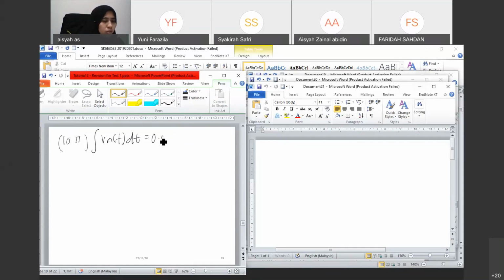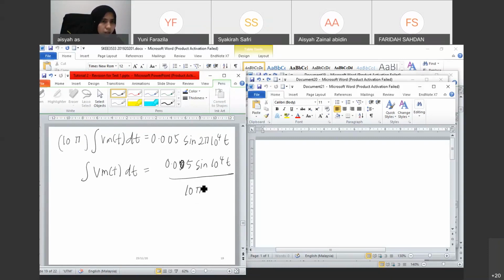And then the differentiation of VMT dt equals 0.005 sine 2 pi 10 power of 4 t over 10 pi.